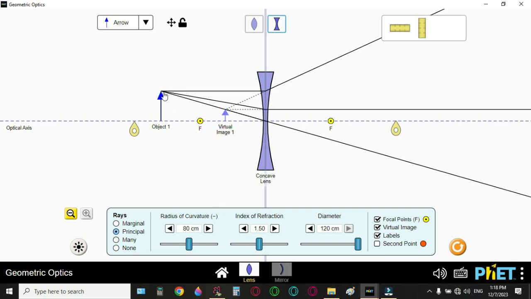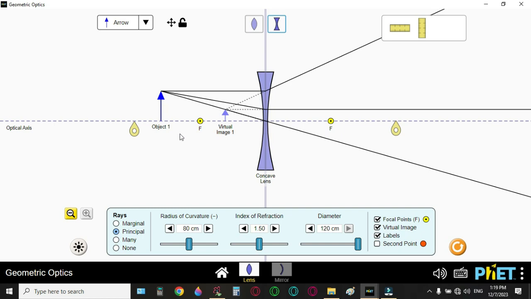The principal rays are drawn from the head of the arrow. This is the first ray, from the head of the arrow towards the vertex. And then the second ray would be from the head of the arrow towards the lens, parallel to the optical axis. And it refracts like this, so that if we extend this line, it will pass through the focal point.